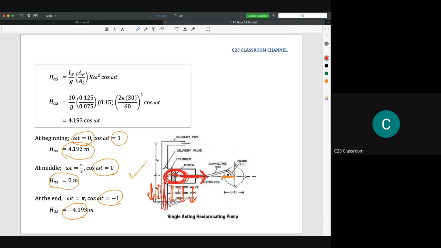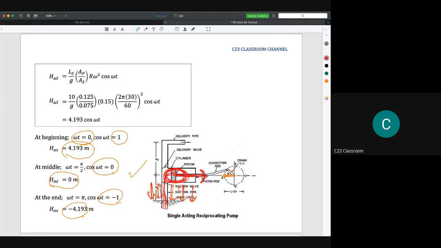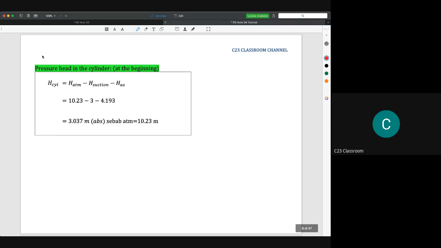In simple terms, we need to create a vacuum so water can be sucked into the cylinder. The calculation of pressure head in the cylinder is given by this equation. First you need to understand the nature of that motion, the nature of that application. We need to create a vacuum. That's why we start with the atmospheric pressure, because this is the pressure that pushes the water surface.